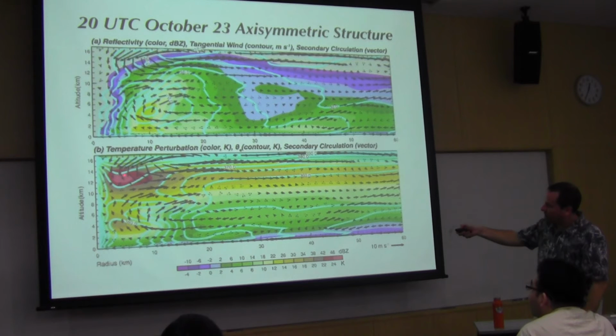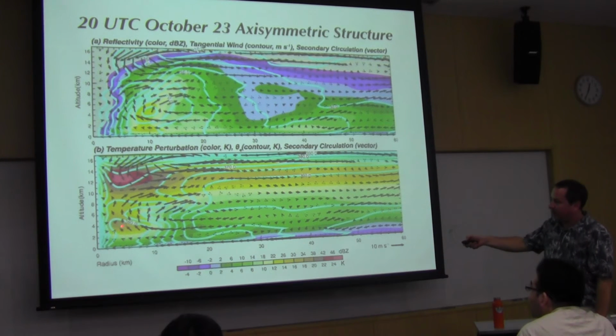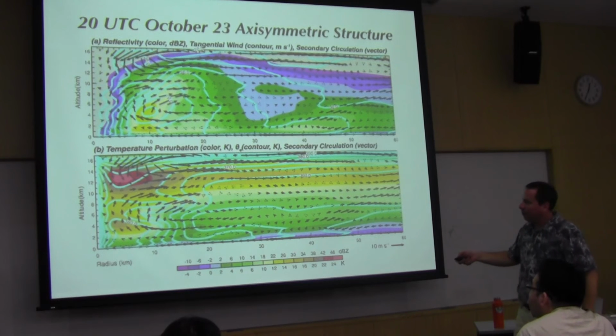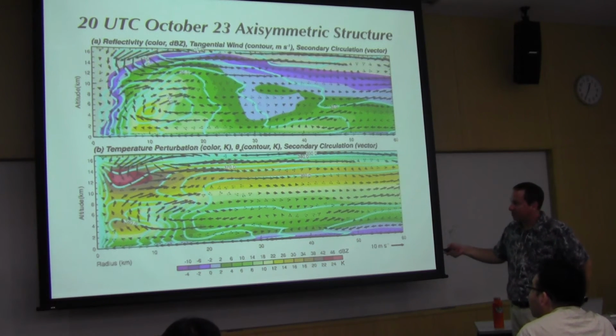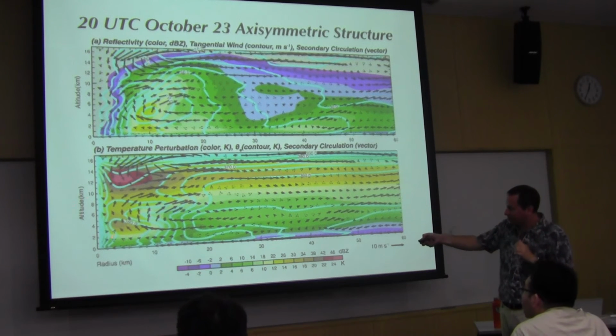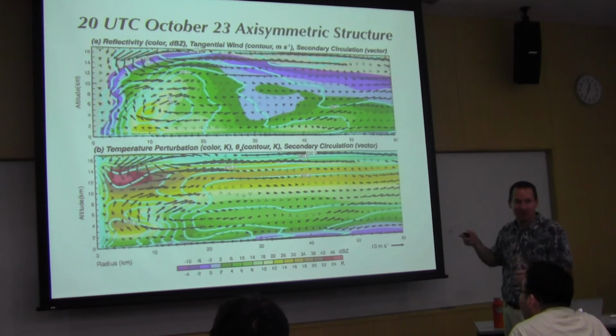You'll notice there are two warm cores, this one and this one. That's something that Stern and Zhang talk about. The specific structure of the warm core depends strongly on what reference state you use. So you can actually make this one stronger or this one weaker, depending on that reference state.